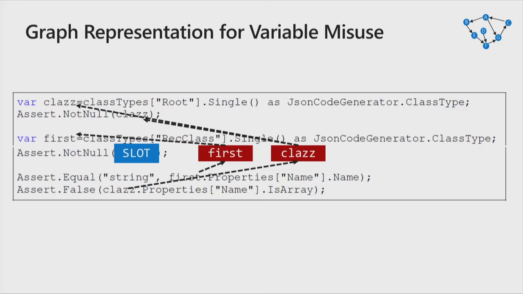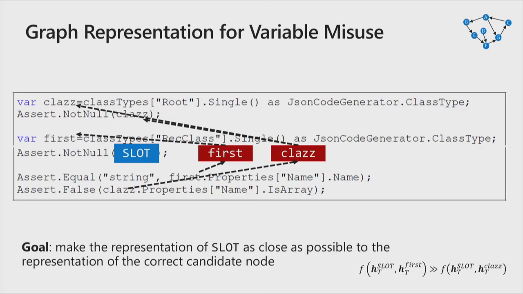And now the idea is we started from our code. We got our graph. We somehow compute initial representations. I'm glossing over that part. And now what we want is our objective. We want the output of our graph neural network to have the representation of the slot node here be as close as possible to first and as far as possible from class, which is the wrong thing.